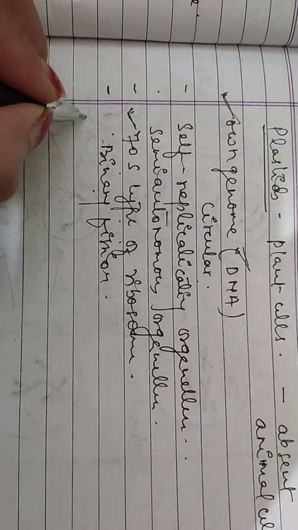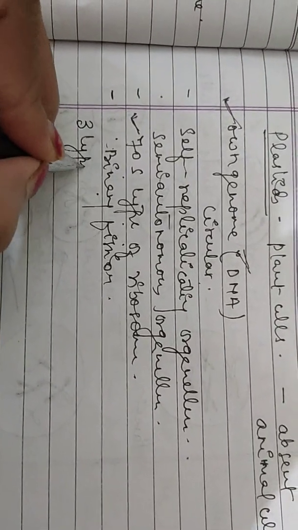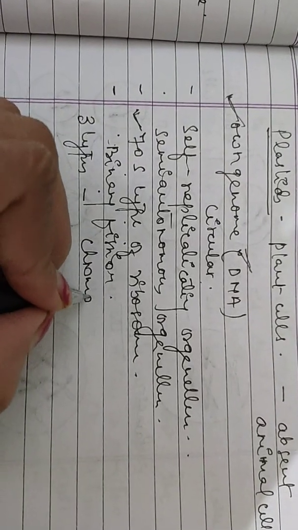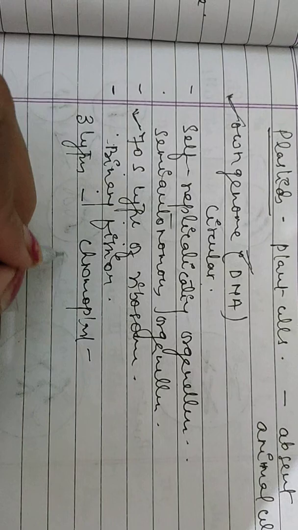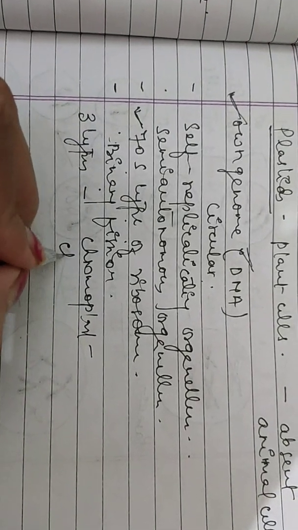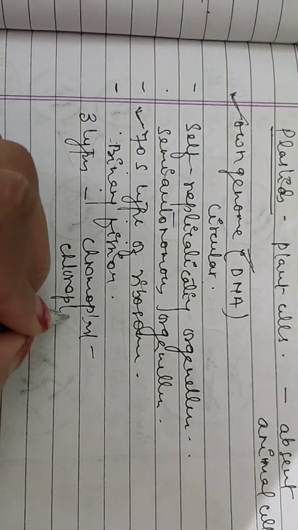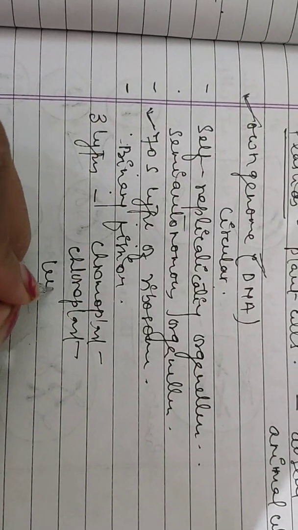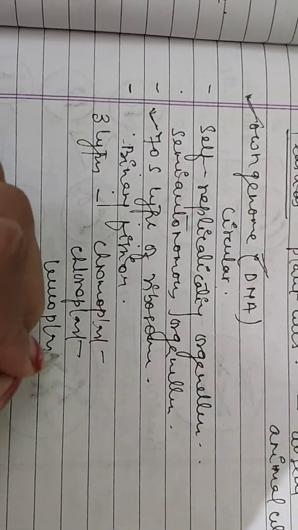Plastids are of the following three types. First is known as chromoplast, second is known as chloroplast, and third one is known as leucoplast.